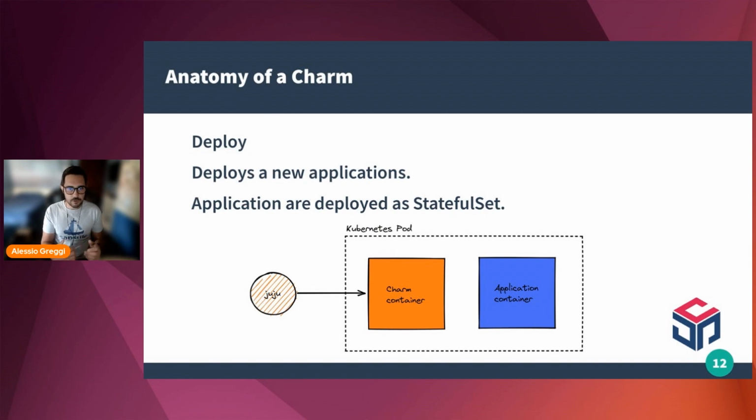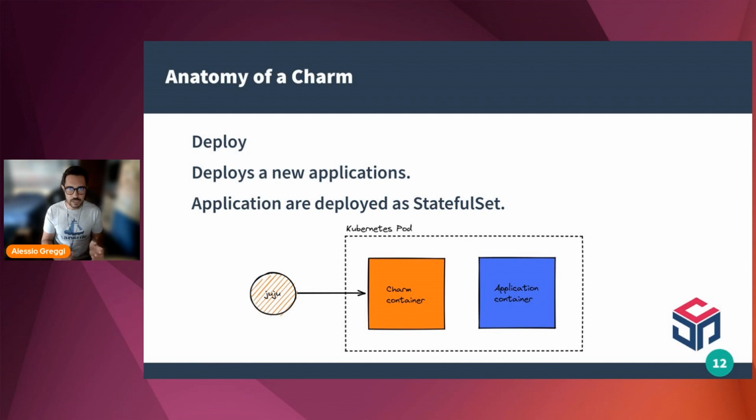So the deploy part is, as the name says, the phase that you have to do in order to deploy your application in the Charmed ecosystem. So the deploy is also a command that you can use with Juju.